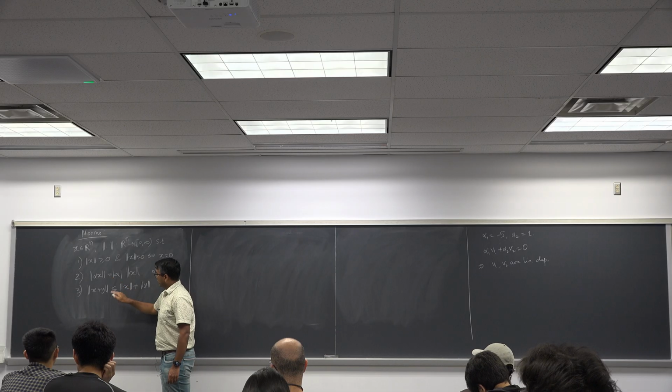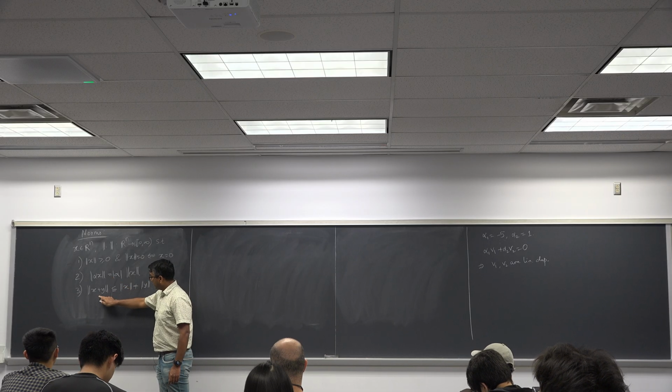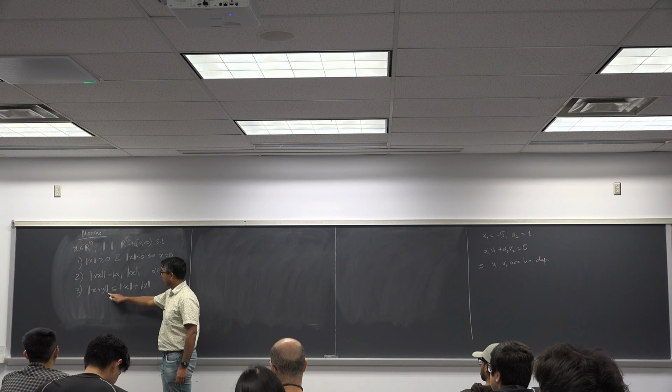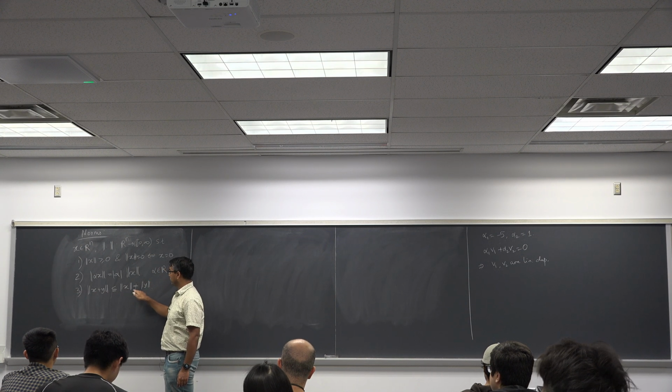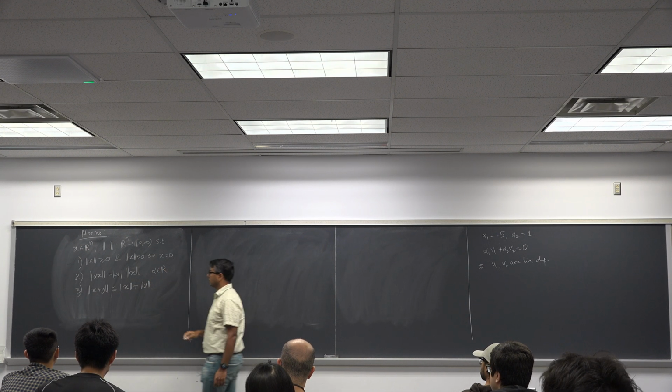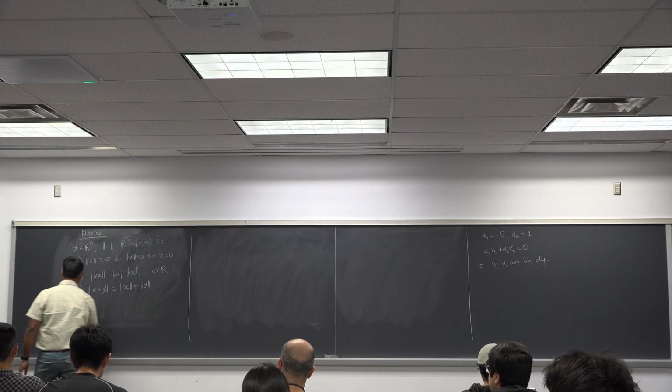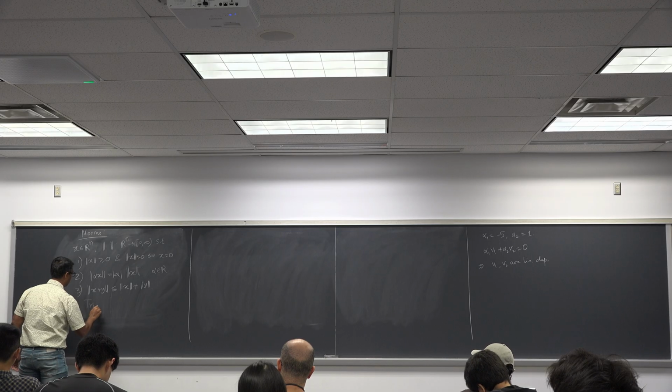And the triangle inequality is that if you take vectors, add them up, and take the norm, it must be less than or equal to the sum of the norms of the individual vectors. This is a very important property, the triangle inequality.